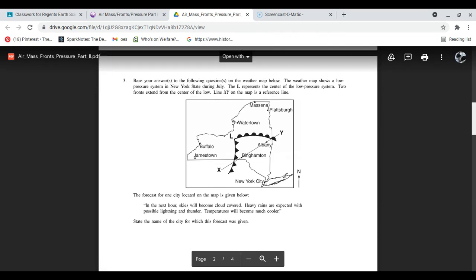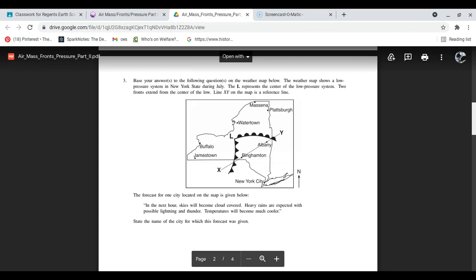Okay, so it's saying in the next hour, skies will become cloud covered. Heavy rains are expected with possible lightning and thunder. Temperatures will become much cooler. State the name of the city for which this forecast was given. So it's basically saying it's heading in that direction.